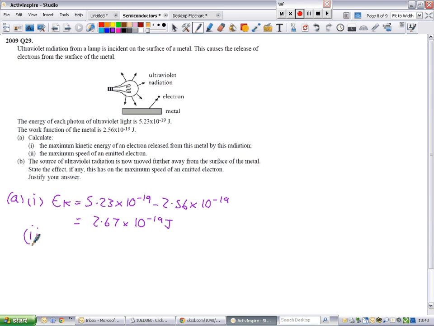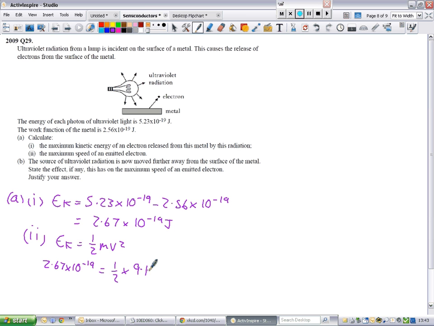Part 2. What's the maximum speed of the emitted electrons? This is a wee bit different. This is using half mv squared. Ek is a half mv squared. You know that Ek is this value here, 2.67 times 10 to the negative 19, equals a half multiplied by mass. You don't have the mass, but it's the mass of an electron. You're just looking at one solitary electron. The mass of an electron, like the charge of an electron, is given in your data sheet at the front.